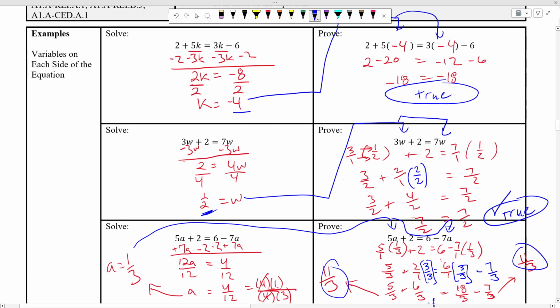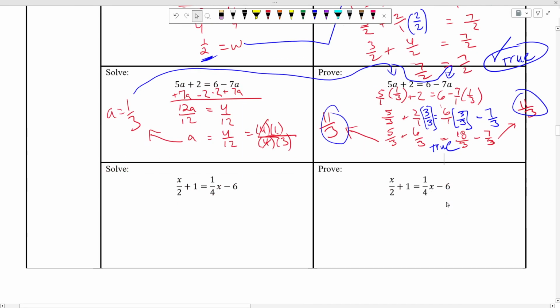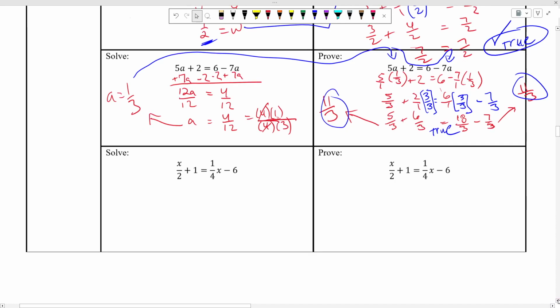Therefore, it's true. We got a true statement here, guys. That means that this 1/3 we got earlier, we're saying A was 1/3. That is correct because we ended up with a statement of truth after we substituted it in our proving phase.